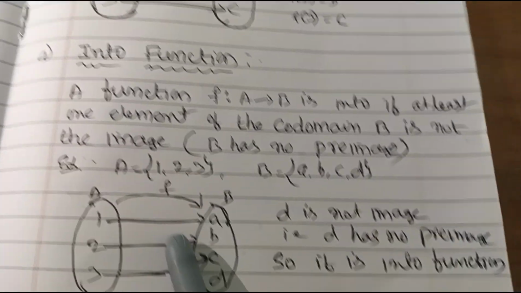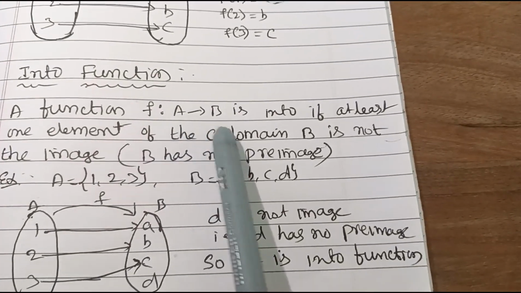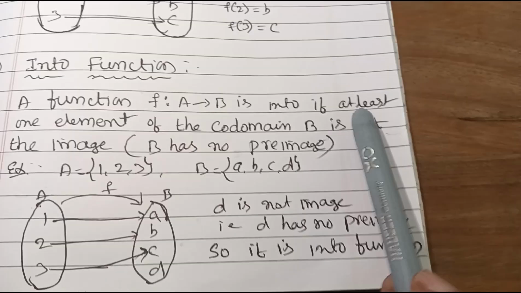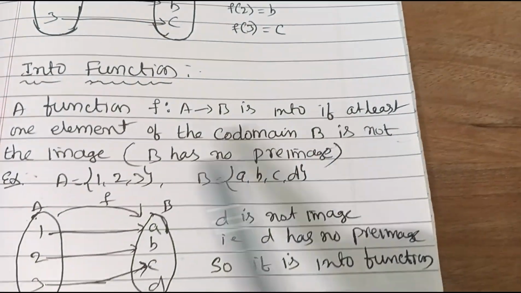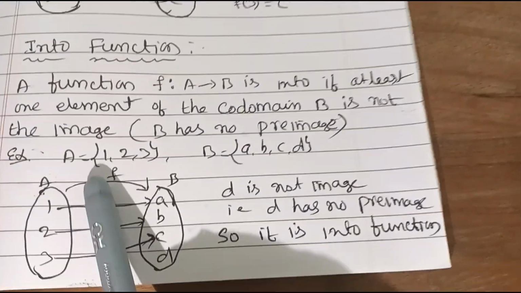Next, into function. Definition: a function f from A to B is called an into function if at least one element of the codomain set B is not an image.